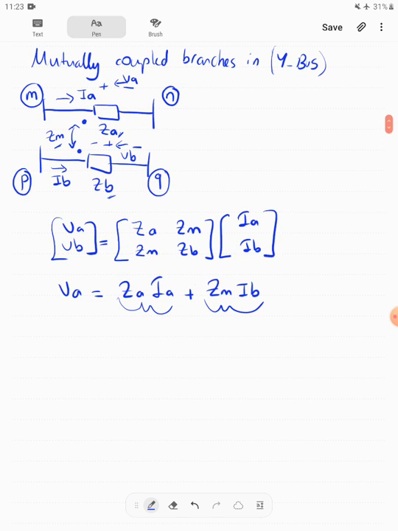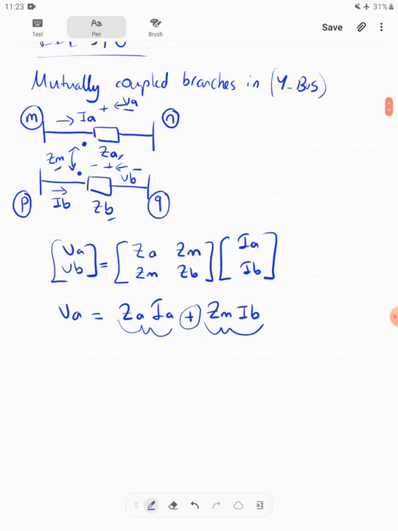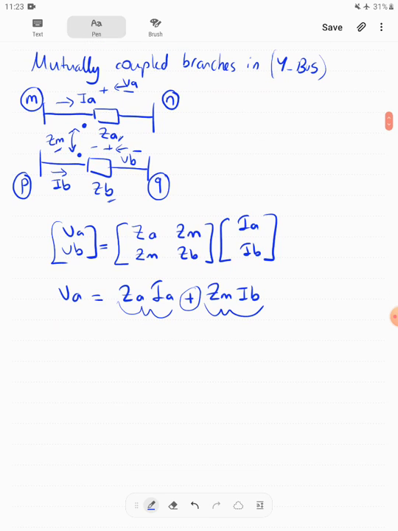While there is a plus sign here, it is related with the dot locations. If you look at the figure, these two currents, IA and IB, are entering from these two dots on both transmission lines. So as a result, there must be a plus sign here. For example, if the dot position on the second transmission line is at the opposite location, then this sign must be negative.